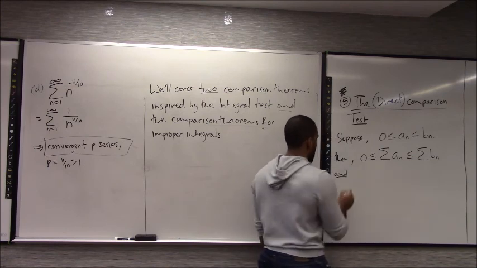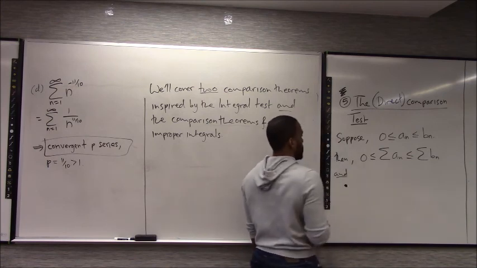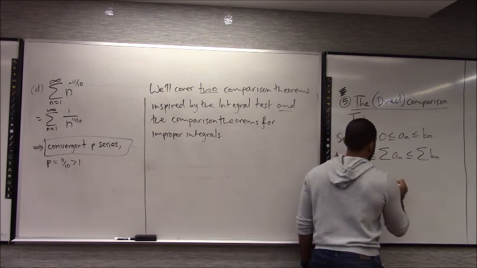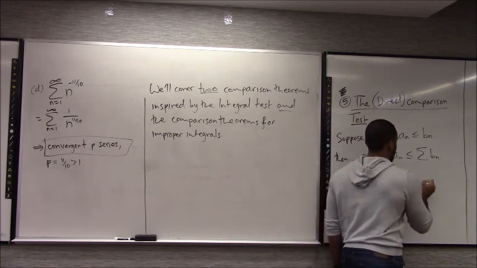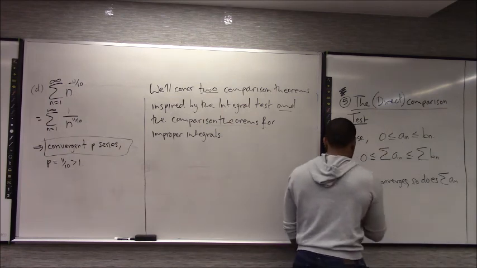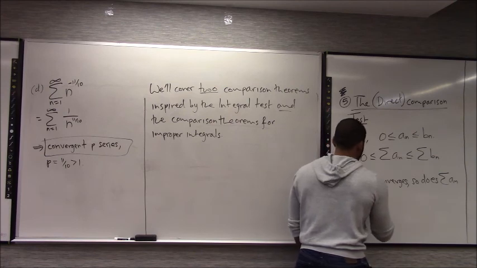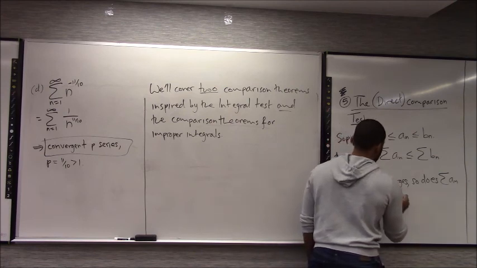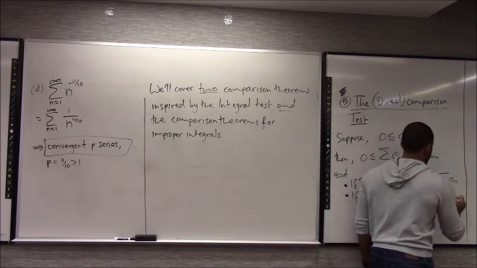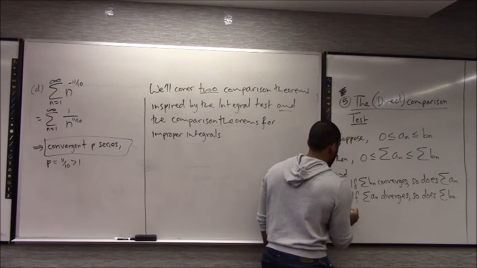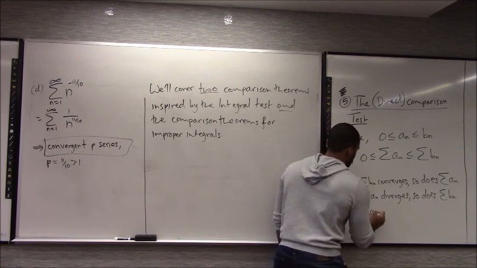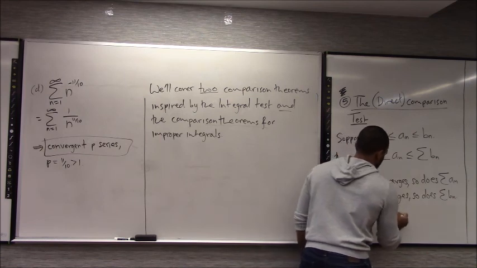First, if the series of Bn converges, so does the series of An. And if the series of An diverges, so does the series of Bn. No conclusion can be made in other cases.